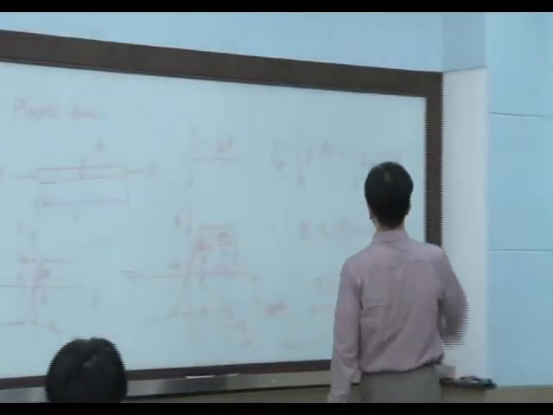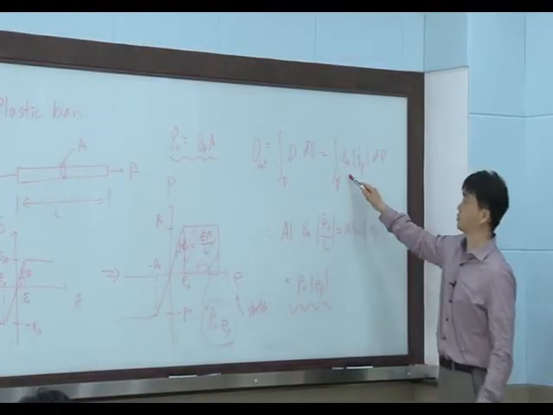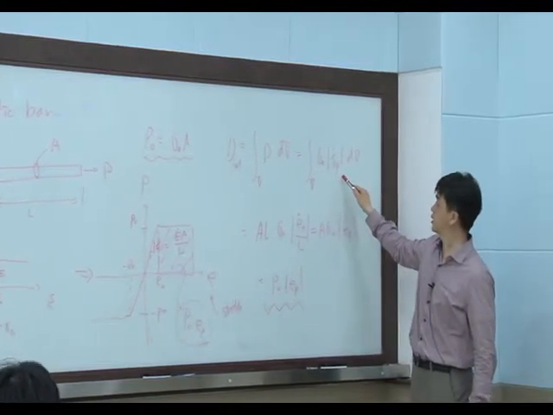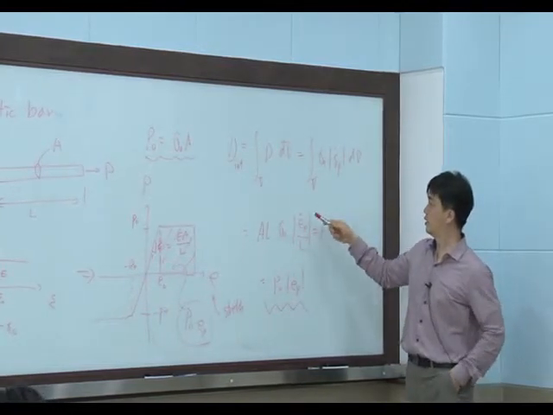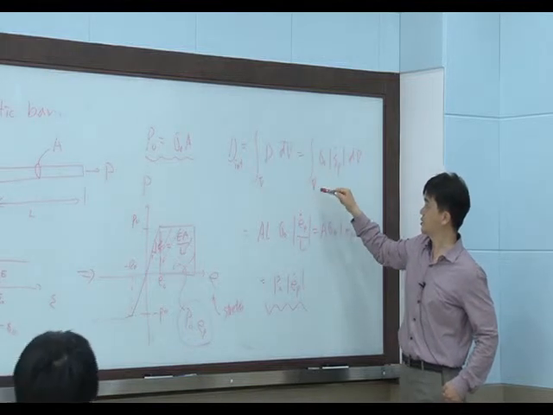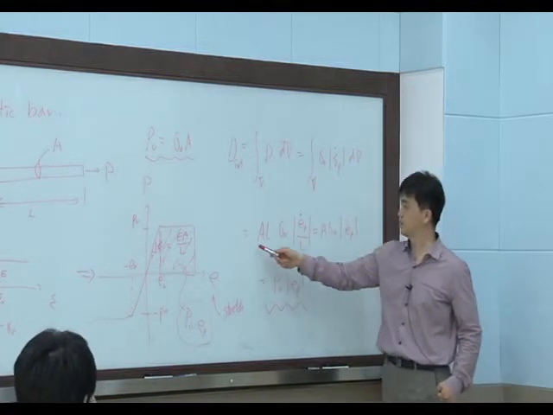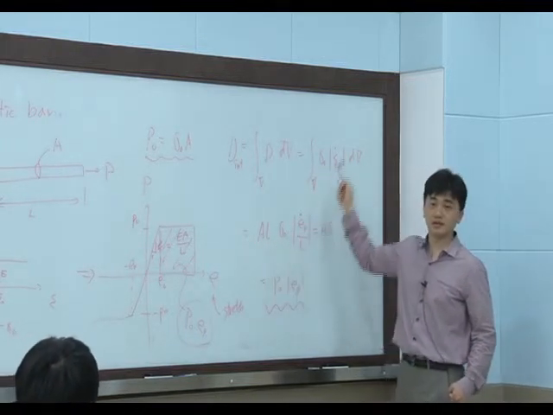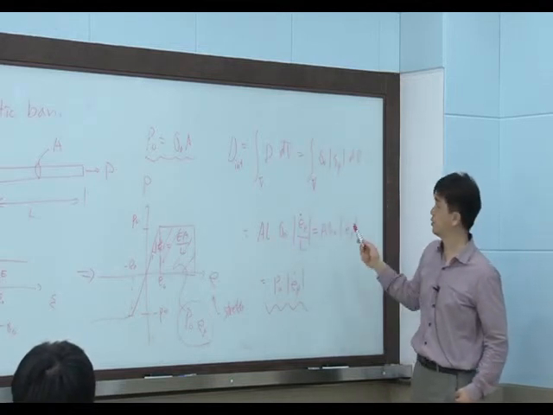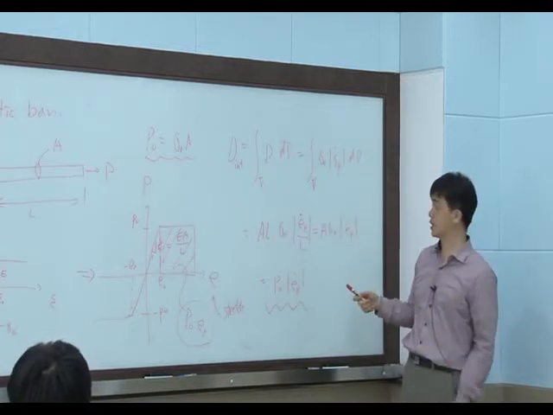You know how to derive this. D is from the definition, okay? And if I integrate this, it means just multiplying by A L, because this is a simple bar case.